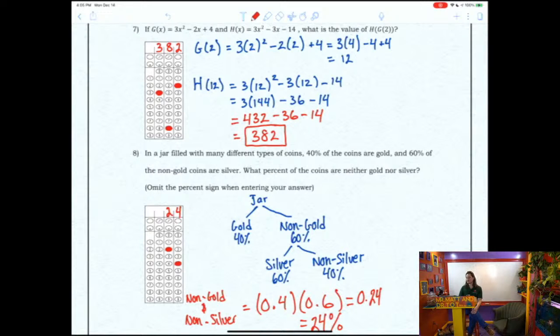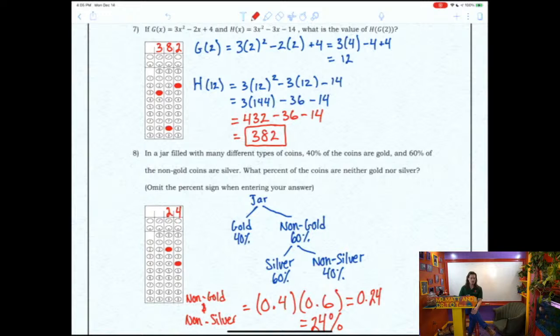So we're going to take 40% times 60%, which is going to give us a decimal answer of 0.24. We need to make sure that we convert that decimal into a percentage. If they ask you for a percent and you enter in the decimal form, it's going to be wrong. If you entered in 0.24 for this question, the computer would grade it as incorrect, because they ask specifically what percent of coins.